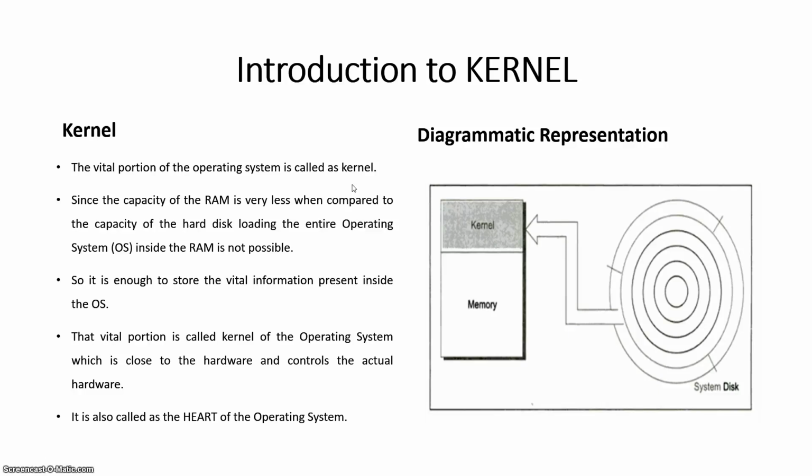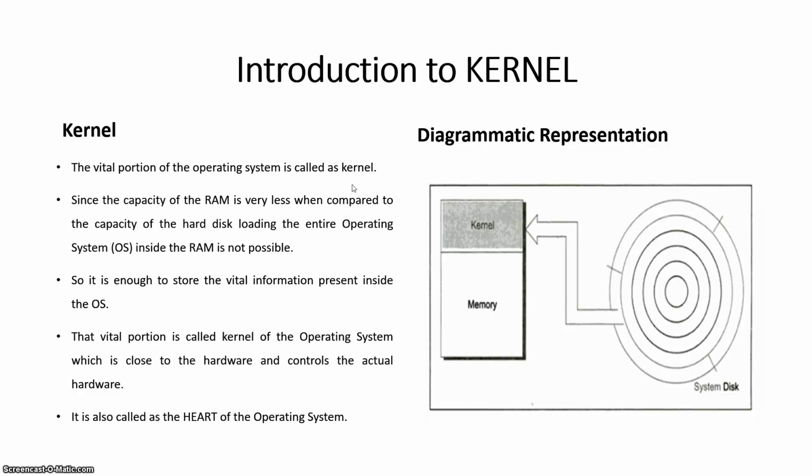So from the definition, you will be clear about what a kernel is and what an operating system is. Both are the same, so they are used interchangeably. But in specific, if you say kernel, it is the important information. Why are we taking this important information?